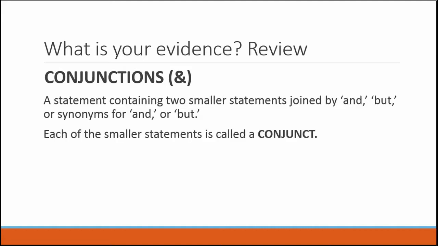Each of the smaller statements in a conjunction is called a conjunct. Again, an important vocabulary word you should know. The conjuncts are each of the smaller statements joined together by the logical connector and. Conjunctions are made up of conjuncts. Both conjuncts are asserted.